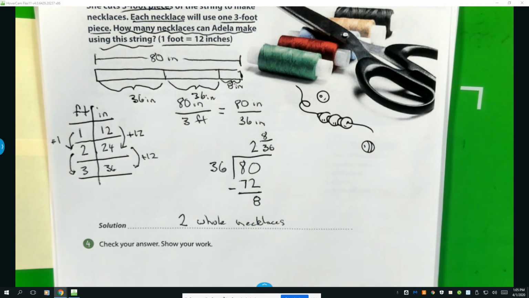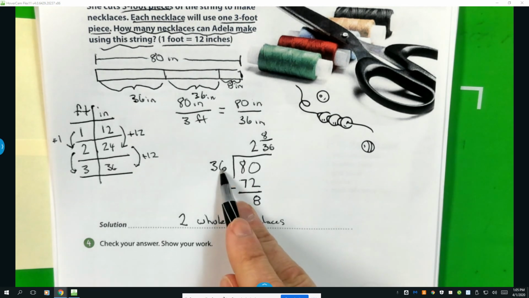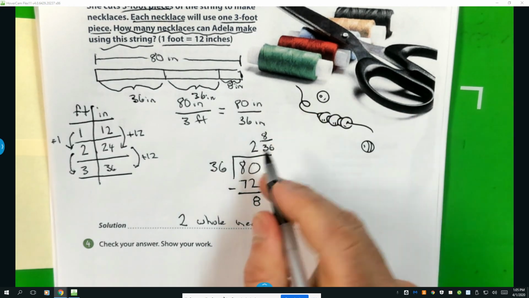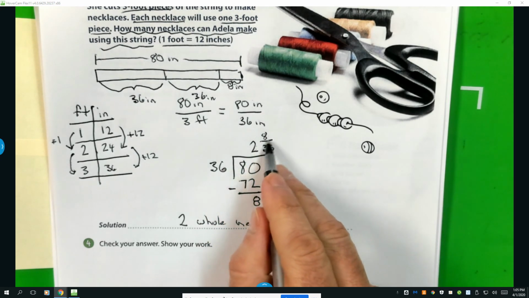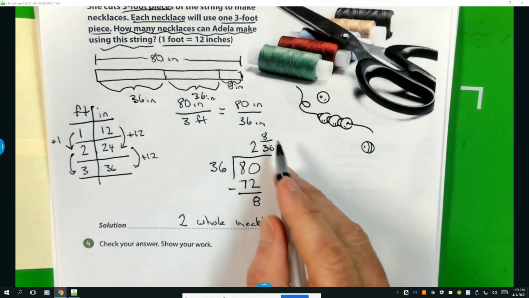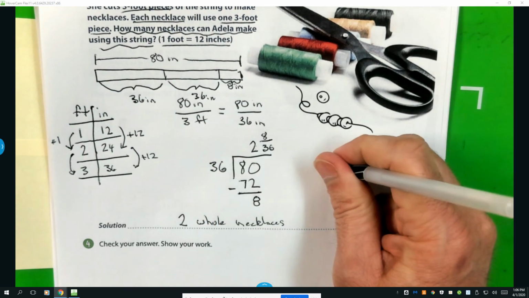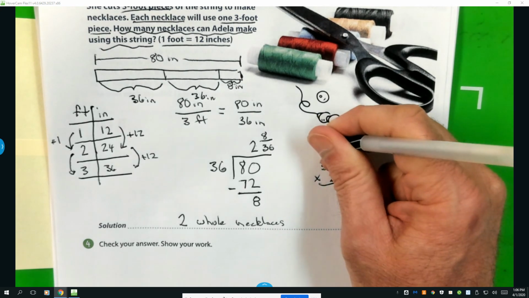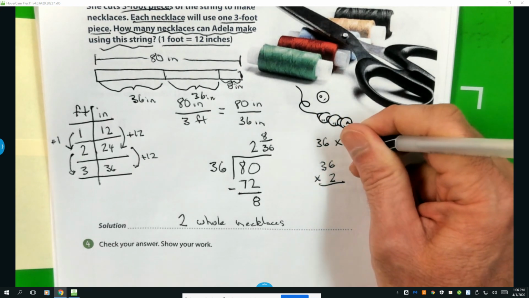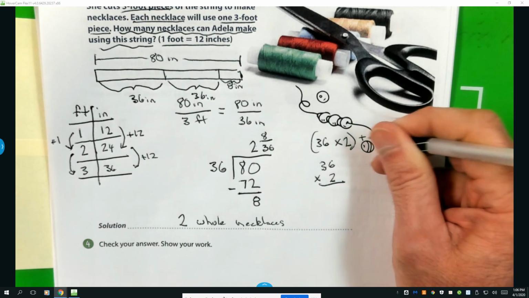Now, if you wanted to check this, all you would have to do is take 2 times 36, because remember, you're taking 2 36-inch pieces, and then add the 8 inches that were left over. So this would be the same as saying 36 times 2, it's an expression, plus 8.